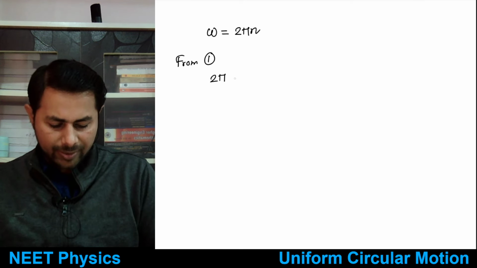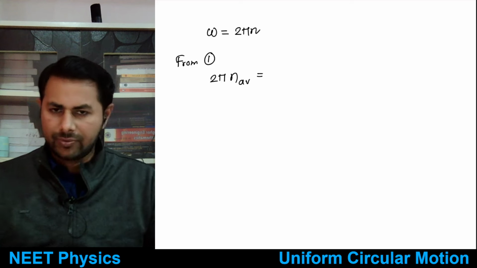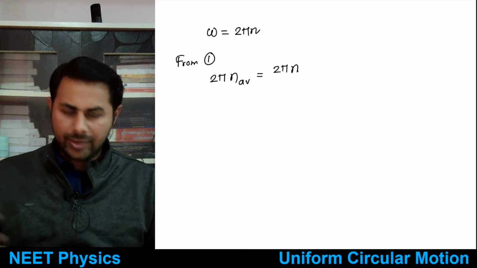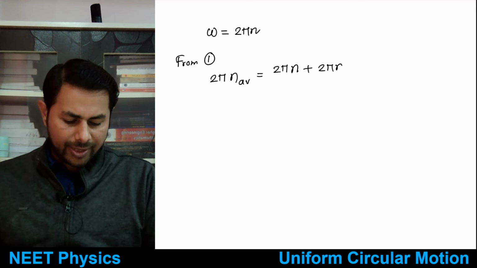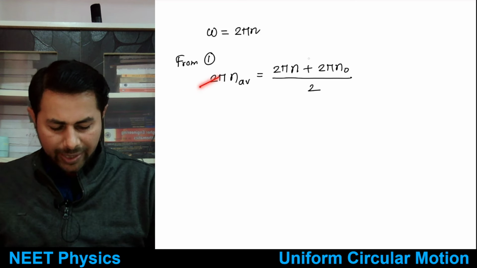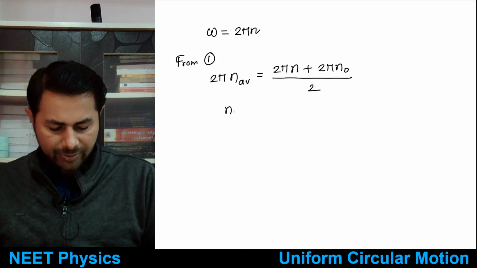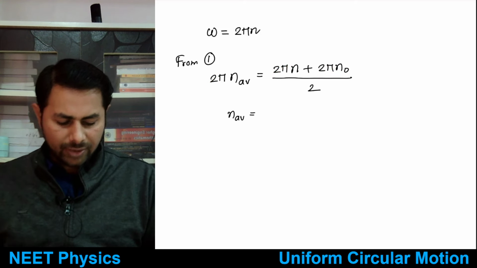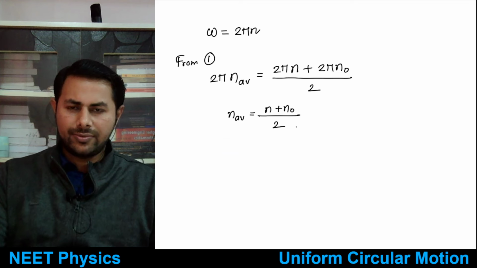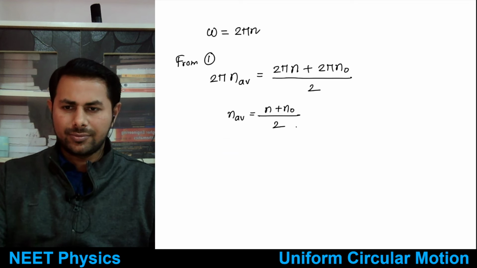So 2 pi multiplied by n average is equal to 2 pi multiplied by n, the final frequency, plus 2 pi multiplied by the initial frequency, divided by 2. So 2 pi can be cancelled out everywhere. So you get average frequency is equal to n plus n naught divided by 2. So this thing is clear? Yes, no, everyone?